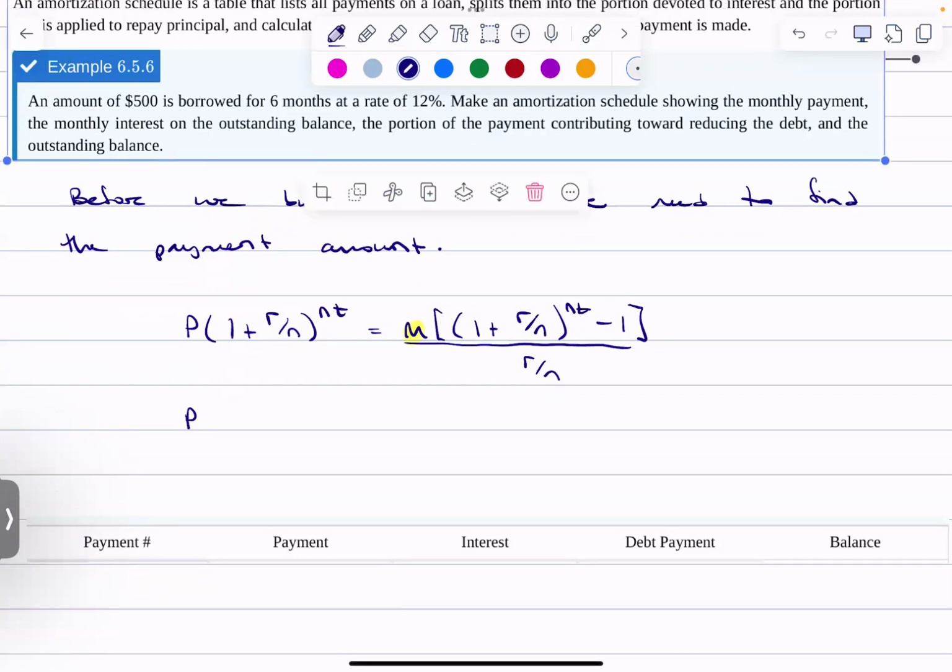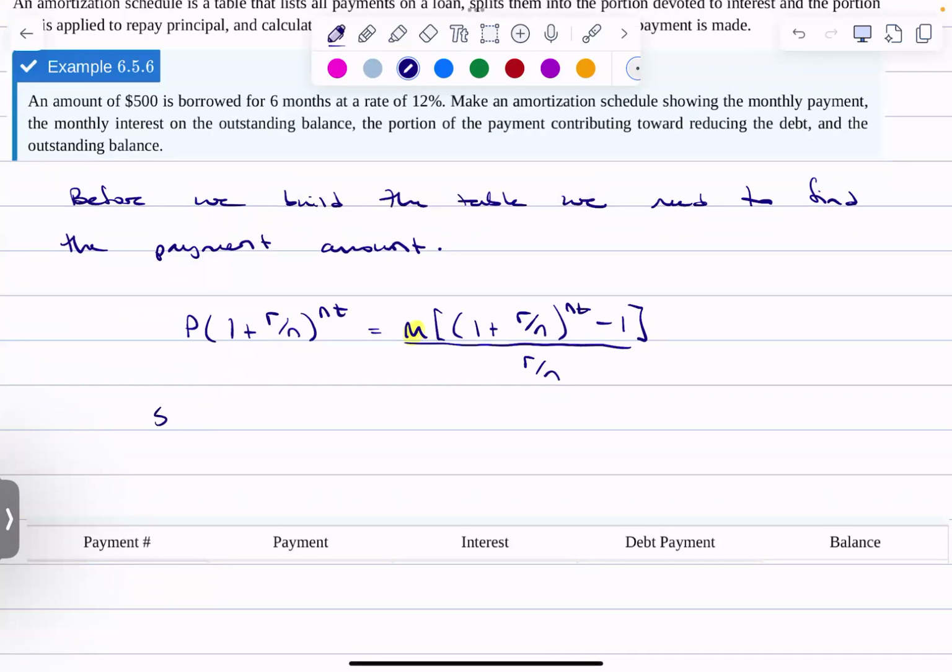P was 500 times 1 plus 0.12 over 12, monthly payments, and 12 payments per year, but only for half a year, or 0.5.